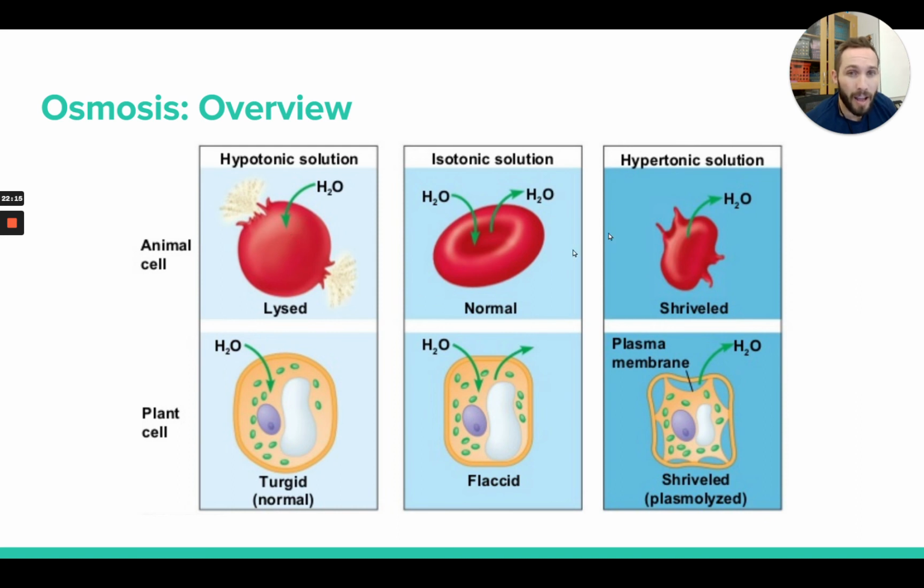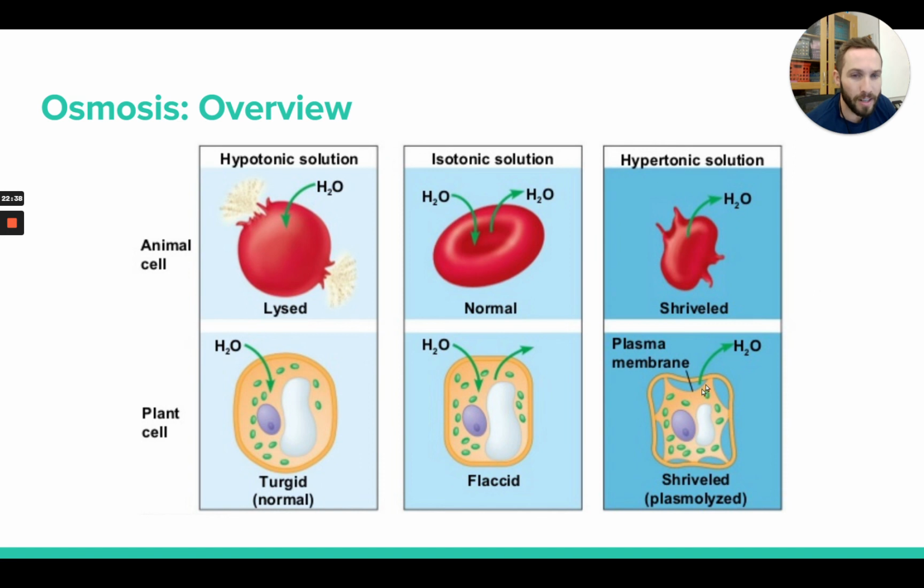And then in a hypertonic solution, you can see that animal cells are going to shrivel up because they're going to lose water because it's more concentrated outside in the solution. The solution is hypertonic, more concentrated. And a plant cell is also going to shrivel up. We call it plasmolysing in a plant cell. Plasmolysing is when the cell membrane pinches inward from the cell wall.